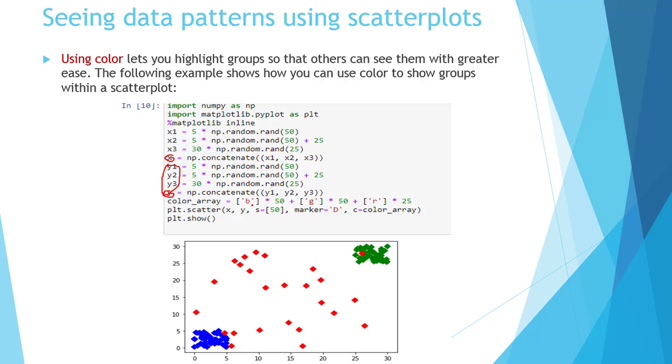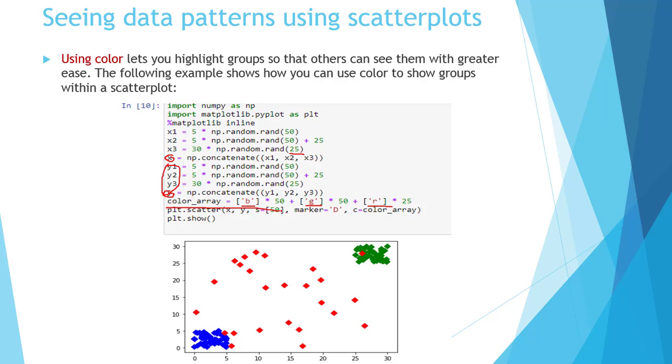For x1 and y1, we have specified the blue color. Now for x2 and y2, which are a total of 50 random numbers, we have specified the green color. And for x3 and y3, which are 25, we have defined the red color. This is the color array.